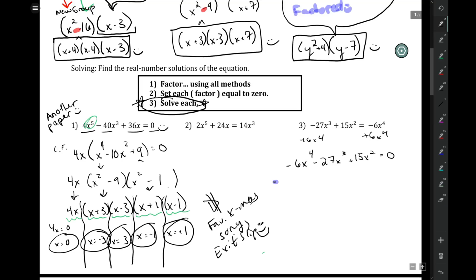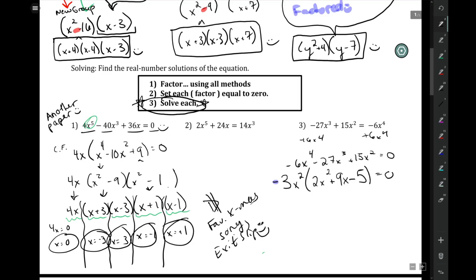Let's take out a negative 3x squared. I believe they all have 3 in common. That will leave us with a 2x squared, and it will leave us with a positive 9x and a negative 5.